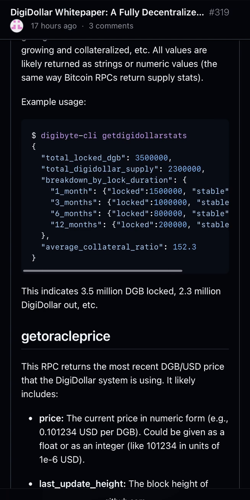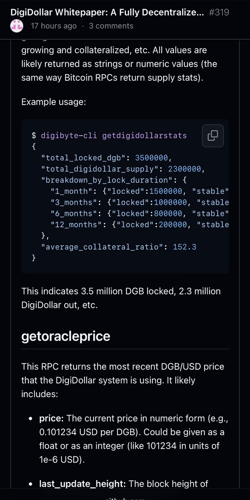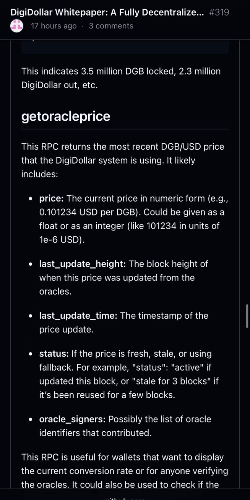Breakdown by lock duration. 1 month, locked 1,500,000, stable 100,000. 3 months, locked 1 million, stable 750,000. 6 months, locked 800,000, stable 50,000. 12 months, locked 200,000, stable 50,000. Average collateral ratio 152.3. This indicates 3.5 million DigiByte locked, 2.3 million DigiDollar out, etc.